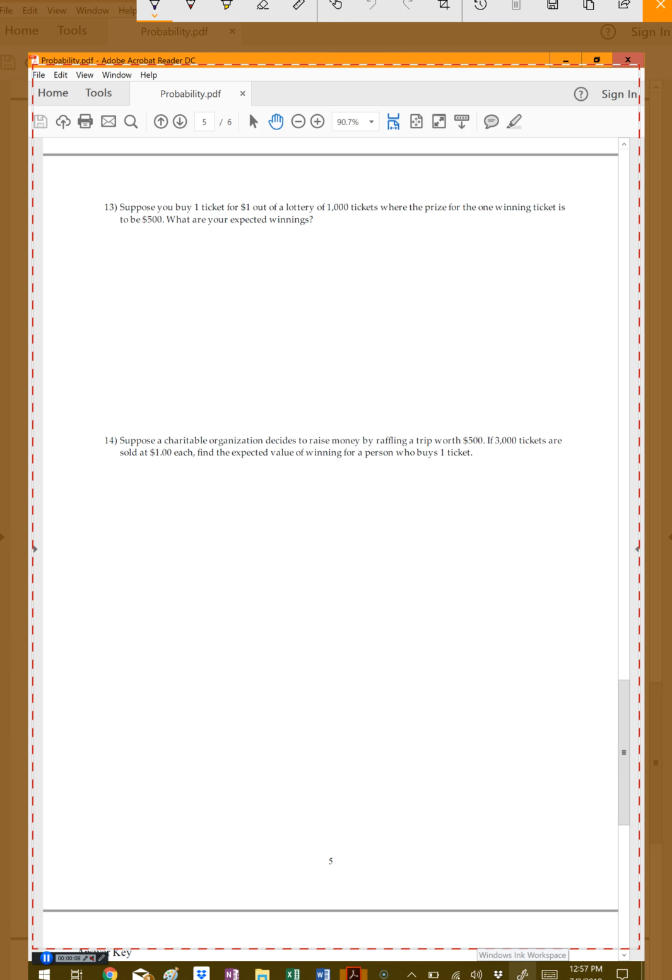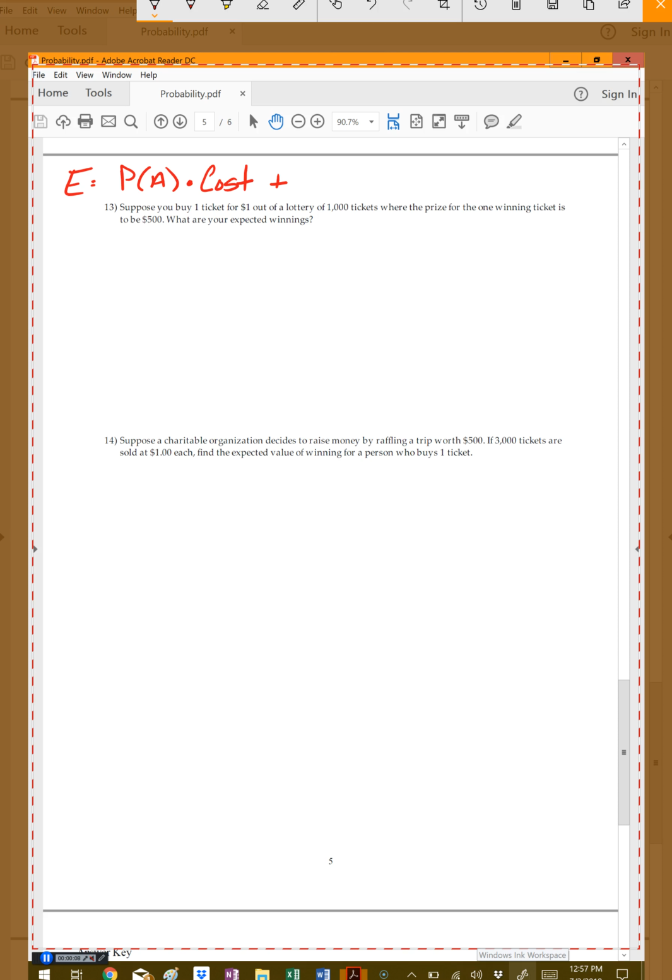So expected value basically starts with a probability, and you multiply that times the cost for that particular occurrence. And then in expected value, there'll be other things that happen.